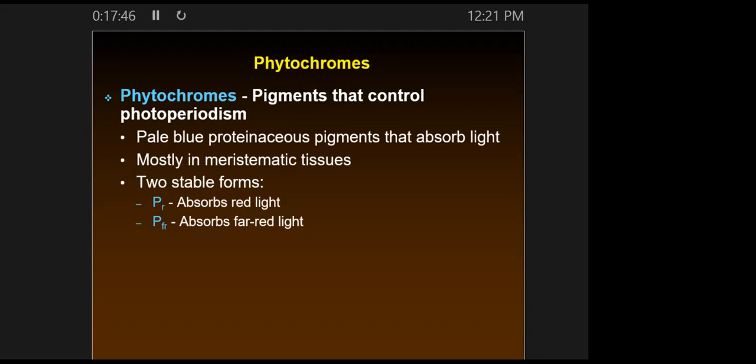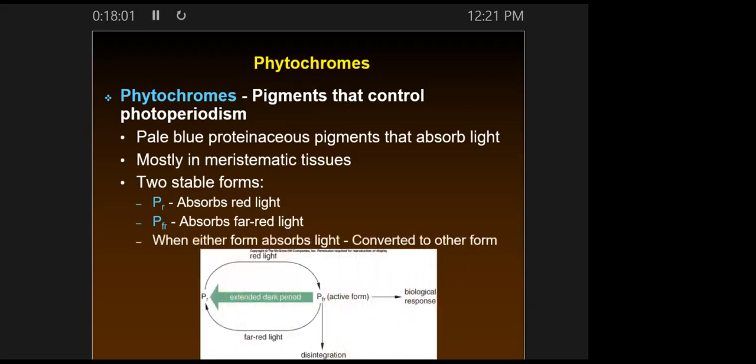So they refer to it as a shapeshifter pigment, which is really cool, that just changing its shape is enough to tell the plant, hey, wake up, we got some stuff to do here, we got to pay attention to this. And so it just keeps toggling back and forth, shape shifting, depending on the quality of light you hit it with.